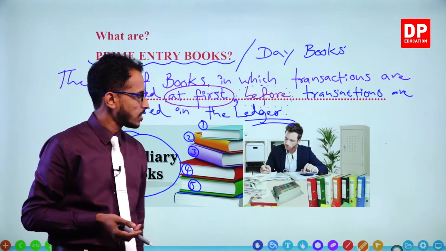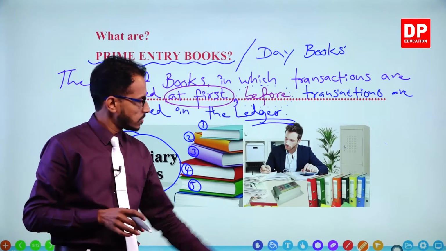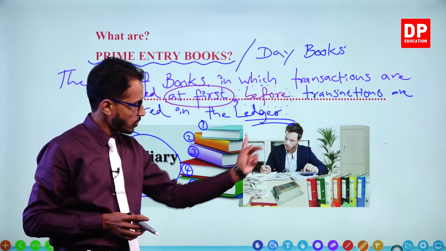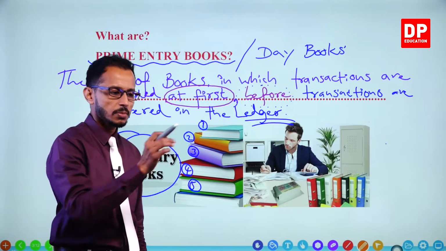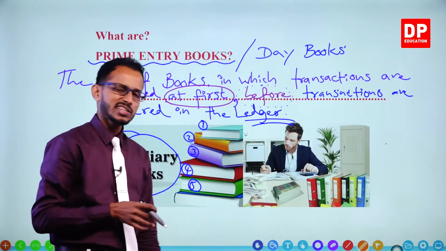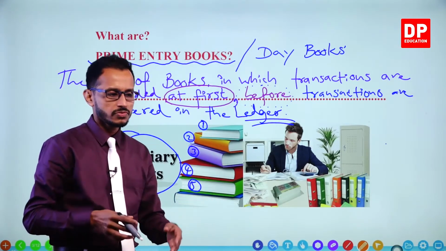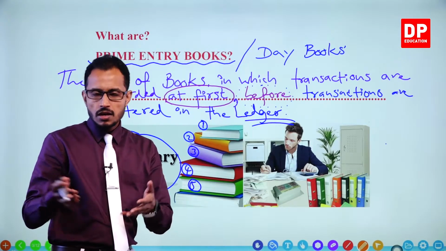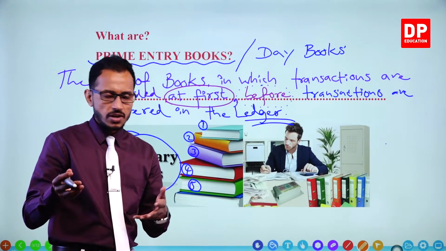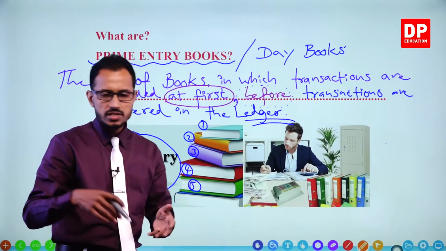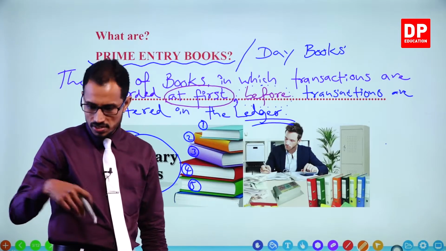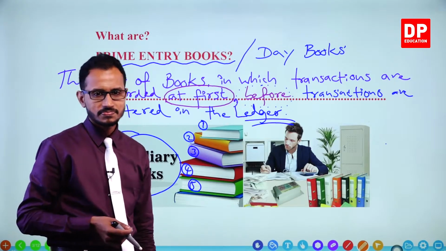When transactions are recorded in the books, the same type of transactions are always recorded in the same book. When a different type of transaction occurs, it is recorded in a separate book. For example, sales are recorded in a different book, purchases are recorded in a different book.